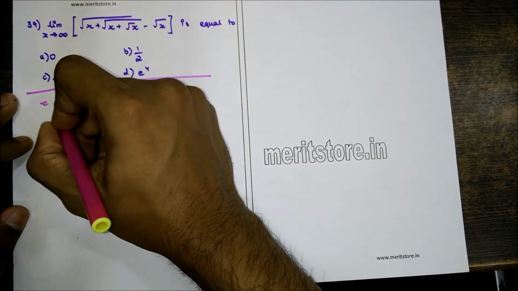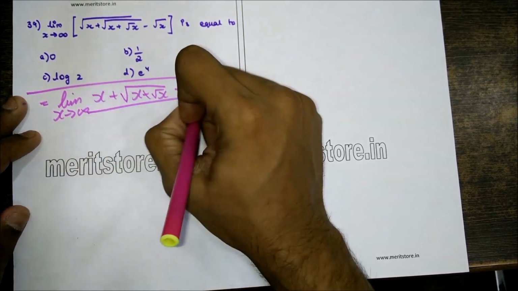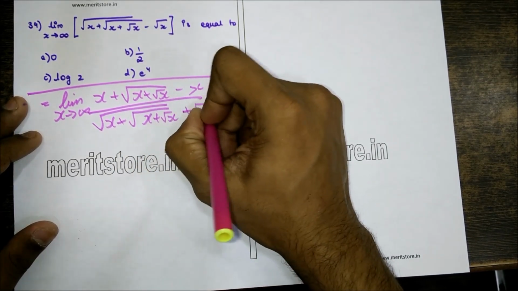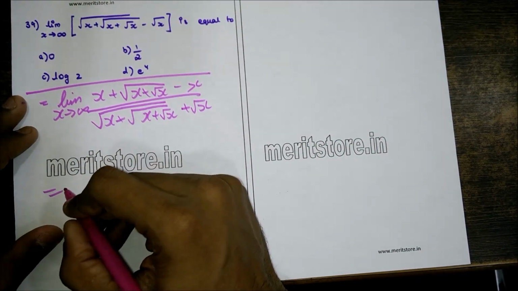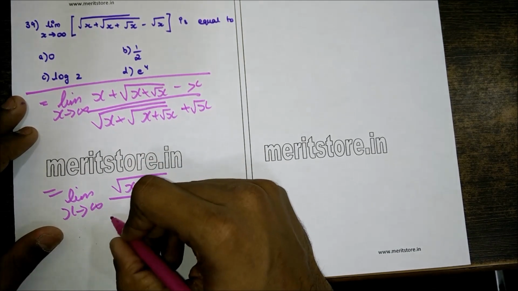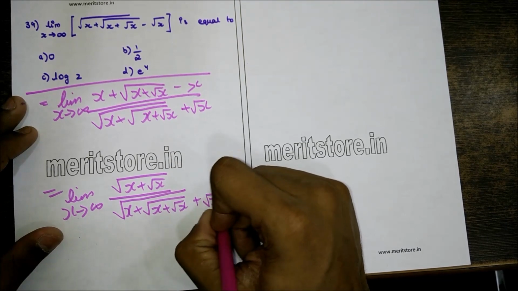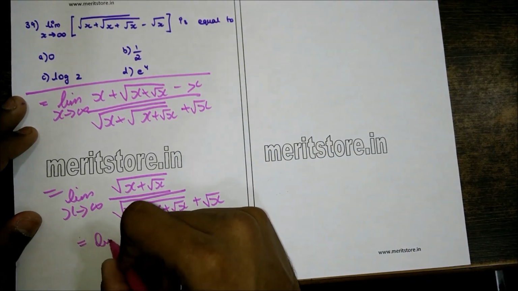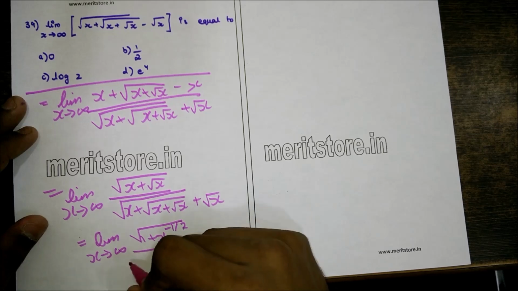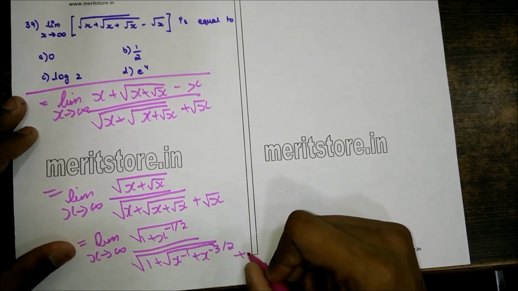So we could write the equation as (x plus root of x plus root x minus x) upon root of (x plus root of x plus root of x) plus root x, by multiplying and dividing it by its conjugate, giving us limit of x tends to infinity root of x plus root x upon root of (x plus root of x plus root x) plus root x, which is equal to limit of x tends to infinity root of (1 plus x raised to minus 1 by 2) upon root of (1 plus root of (x raised to minus 1 plus x raised to minus 3 by 2)) plus 1.